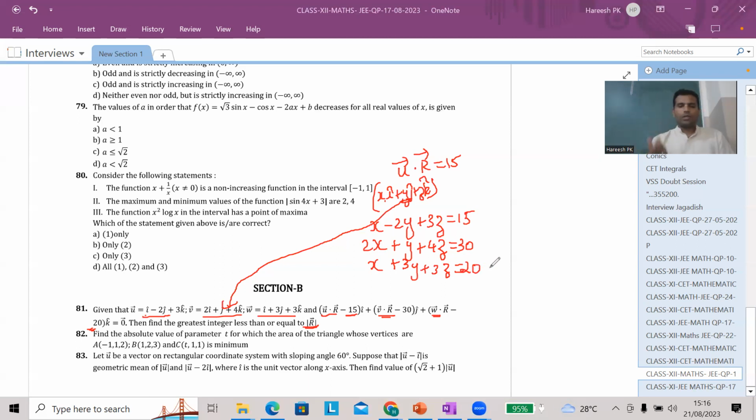So now, we can use Cramer's rule and find out the determinant: 1, minus 2, 3, 2, 1, 4, 1, 3, 3. So the determinant would be 3 minus 12, which is minus 9, minus 2 times 6 minus 4, which is 2, plus 3 times 5.